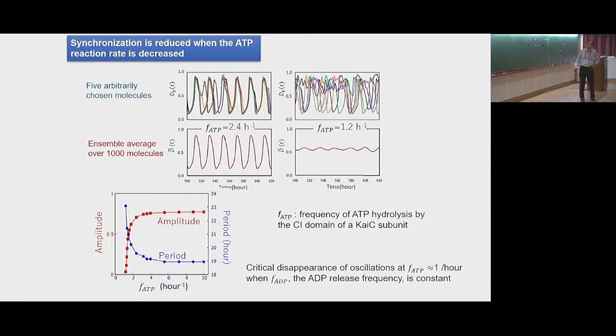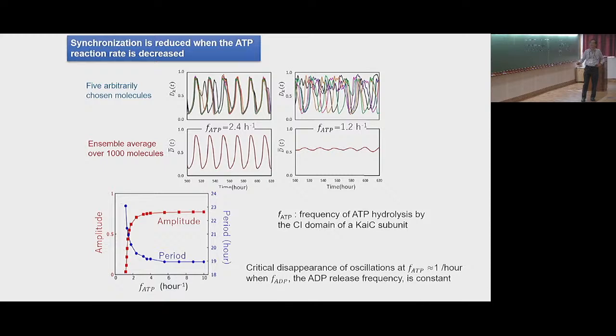So these are the simulation results, reducing the hydrolysis frequency. If the frequency of hydrolysis in the C1 domain is reduced in our model, the oscillation dies out. This is the ensemble averaged oscillation, and this is the single molecule oscillations. 5 arbitrarily picked molecules are superposed here, and we show that each individual molecule is still oscillating, but the phases are becoming random, desynchronized.